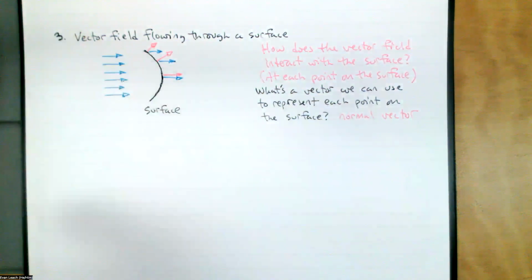So here at the vertex of the little surface that I drew, the vector field is going right along with the normal vector. The angle between them is 0, we're getting all of it going through. But here, a little bit higher, the vector field is coming through the surface at a little bit of an angle. So the interaction is a little bit different.